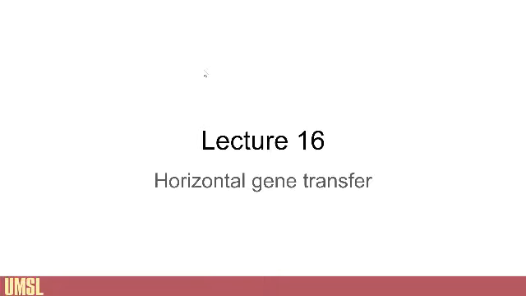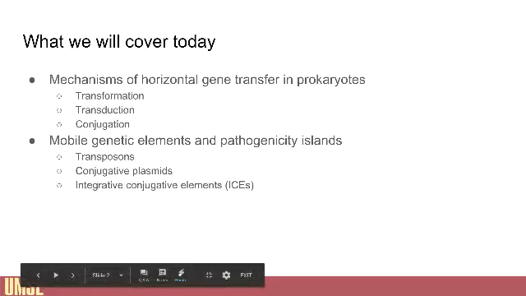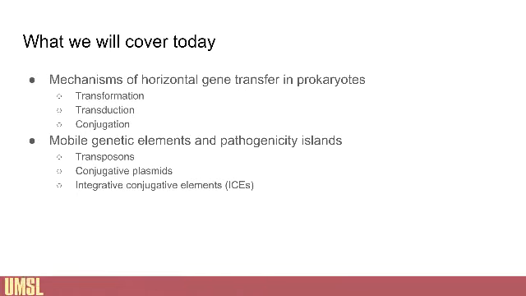All right. So what did we talk about last time? We ended our discussion beginning to talk about what makes a pathogen a pathogen. One of the molecular mechanisms that drives formation of pathogens is horizontal gene transfer. Last time we got a good way through these mechanisms. Then I want to end the formal lecture portion today talking about mobile genetic elements and pathogenicity islands.